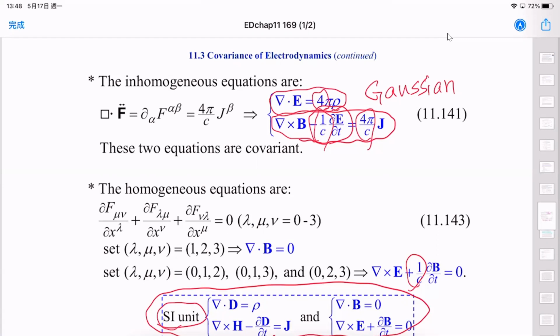So a divergence of a 4 tensor of second rank will be a 4 vector. So this equation is invariant. We just write it down without proof. We just write it down because for current, we have 4 components: rho, C rho, J. That's the 4 current at the right-hand side.